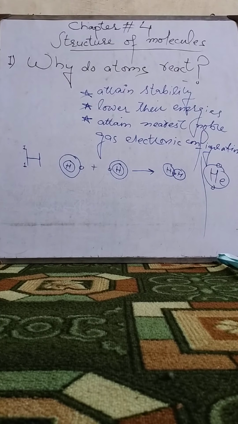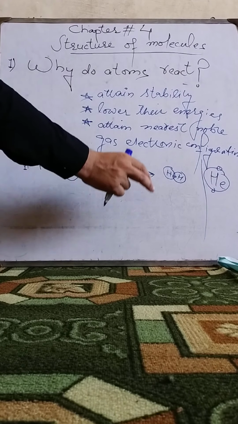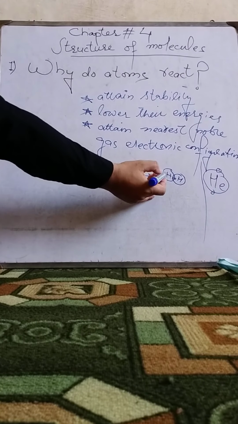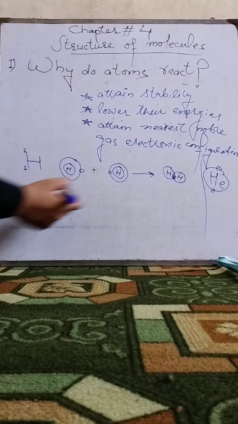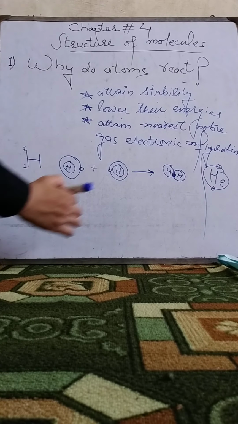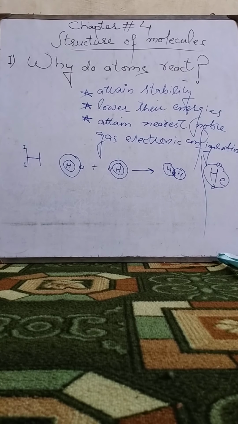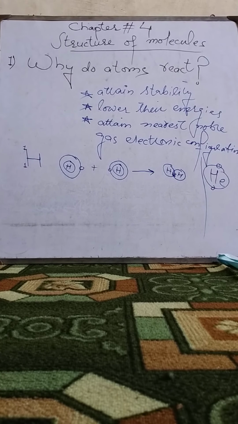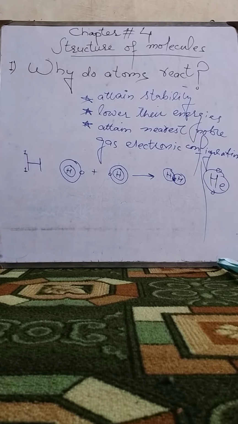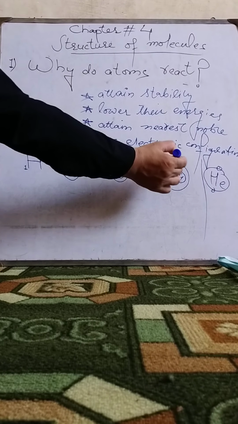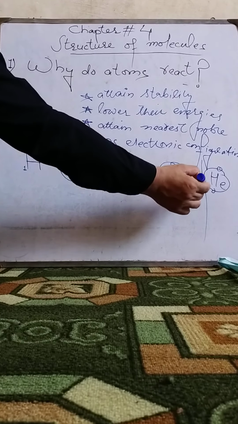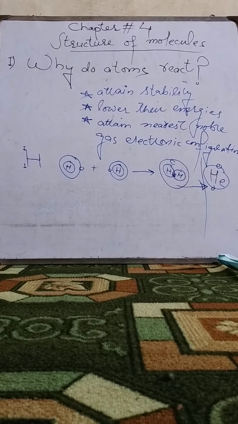So in simple words, this hydrogen can use both of the shared electrons. Similarly, the other hydrogen also can use the 2 shared electrons. So the molecule of hydrogen has attained the electronic configuration of helium.